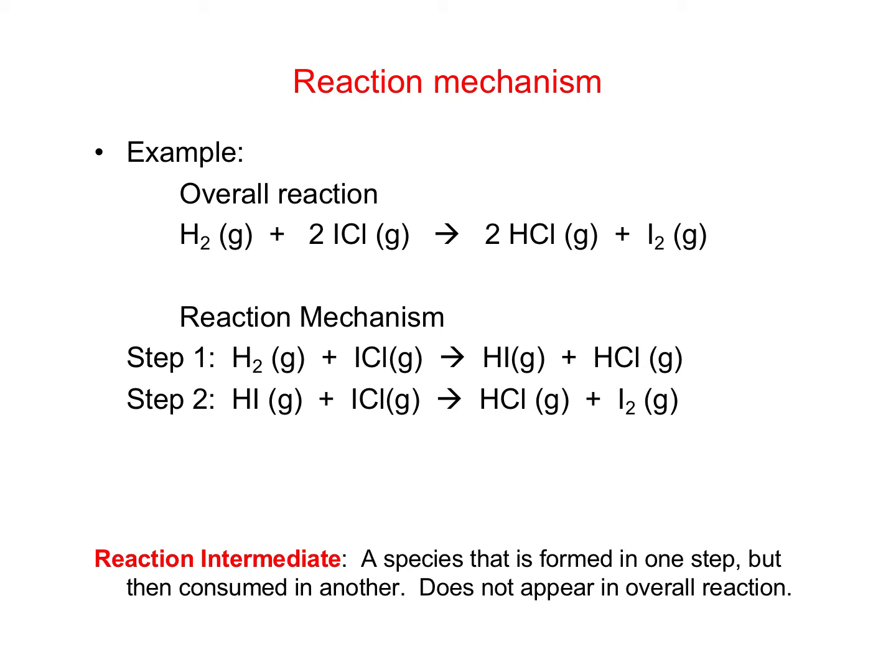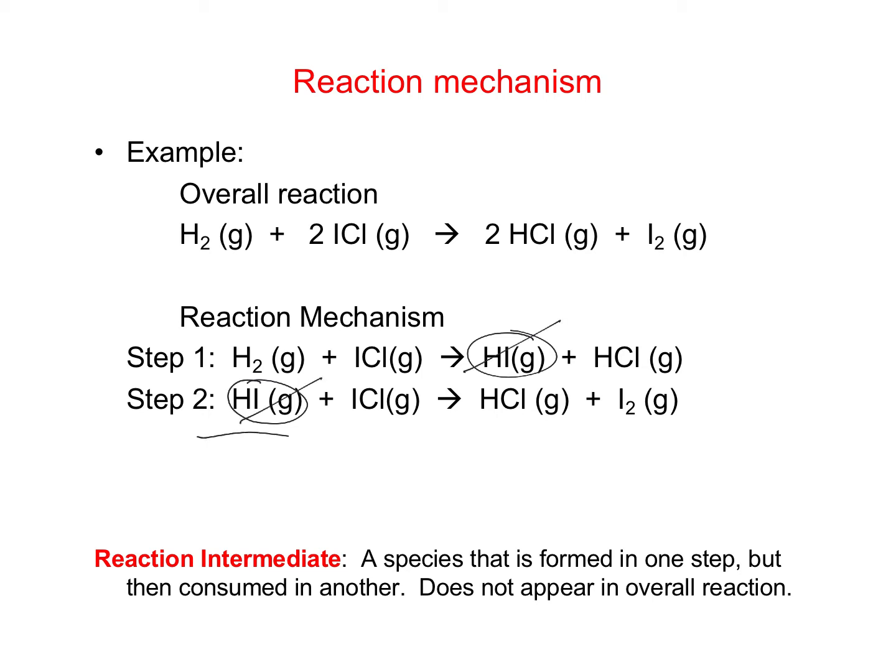One thing that must always be true about a reaction mechanism is that when I add up the individual steps, it should give us the overall reaction. This is very similar to back when we were doing Hess's law with enthalpy. Anything that appears on both the product and the reactant side, we can cancel out. In this case, the thing that we can cancel out is this HI. We have 1 mole of HI on the product side and 1 mole of HI on the reactant side, so we can cancel that out.